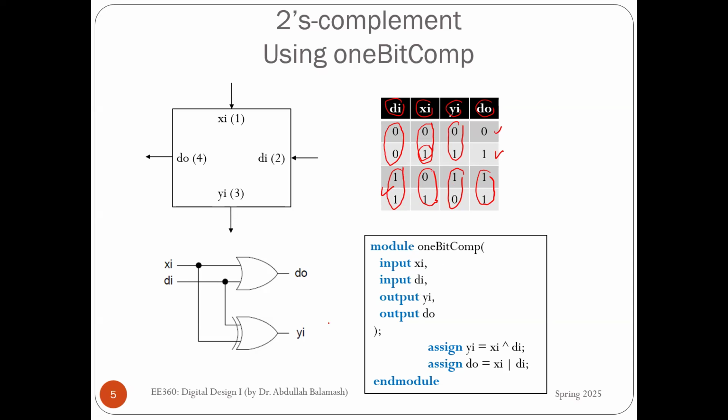Input XI, input DI, output YI, output DO. As we said, the YI is the XOR between the inputs, and the DO is the OR of the 2 inputs.